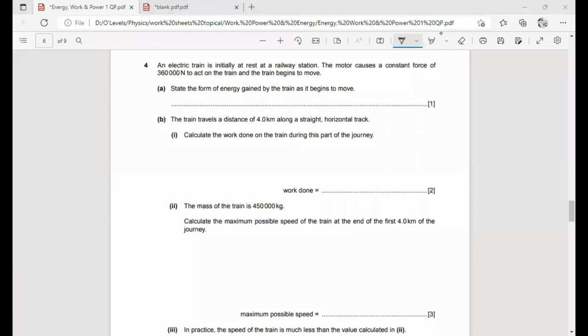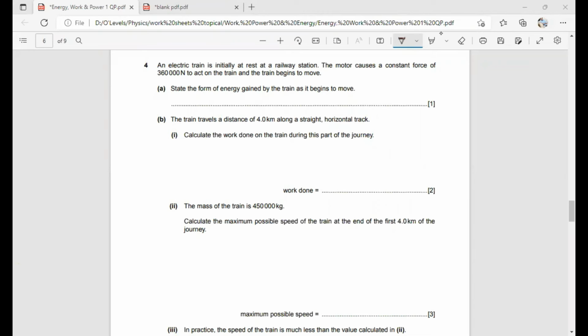Now in question number four, an electric train is initially at rest at the railway station. The motor causes a constant force of 360,000 newtons to act on the train, and the train begins to move. State the form of energy gained by the train as it begins to move.